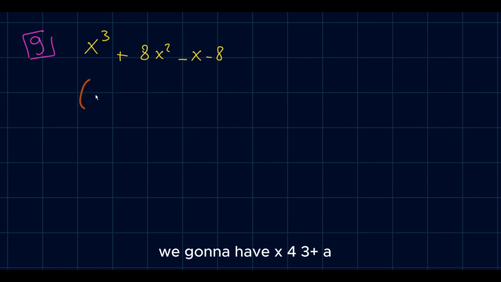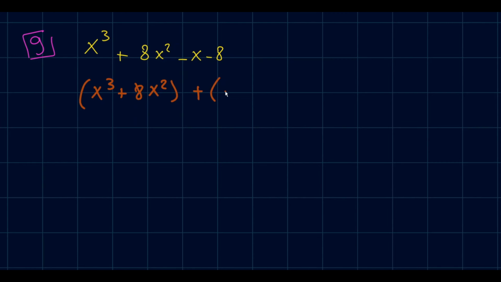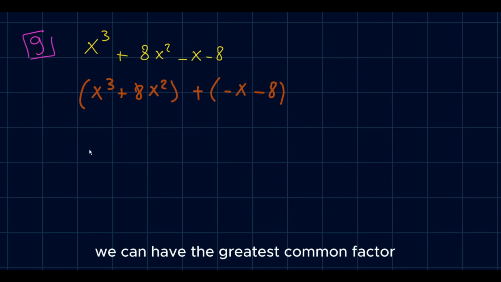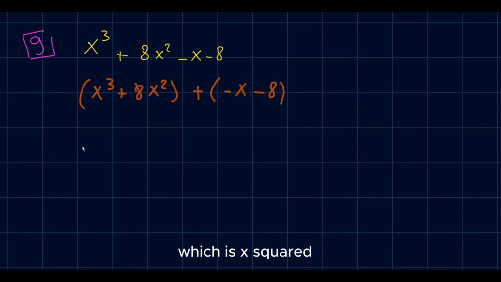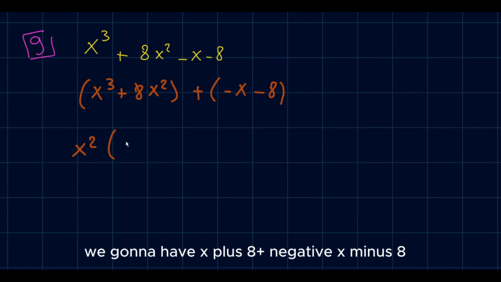First one, we're gonna have x power 3 plus 8x squared plus negative x minus 8. From the first bracket, we're gonna have the greatest common factor, which is x squared, and we can say we're gonna have x plus 8 plus negative x minus 8.